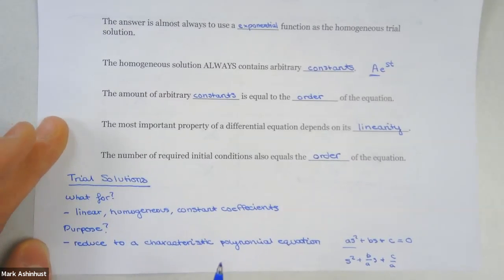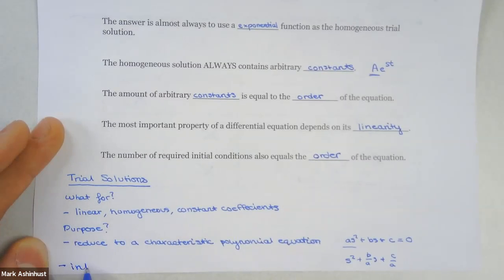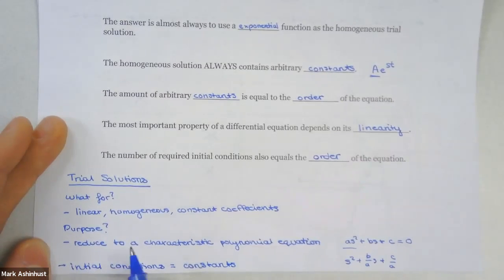The initial conditions are going to help solve it, because they allow us to find the constants, the constants A, B, and C here.